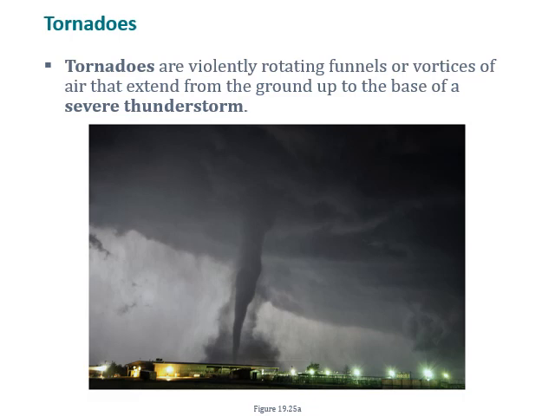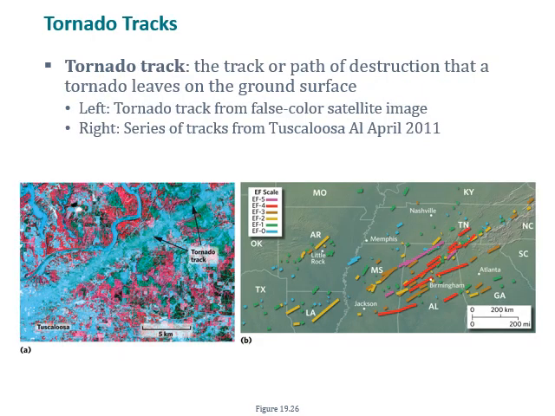Tornadoes are violently rotating funnels or vortices of air that extend from the ground up to the base of a severe thunderstorm. These can be especially dangerous. For example, the image on the bottom left shows a tornado track or path of destruction that the tornado has left on the ground surface. This is taken from a false color satellite image.